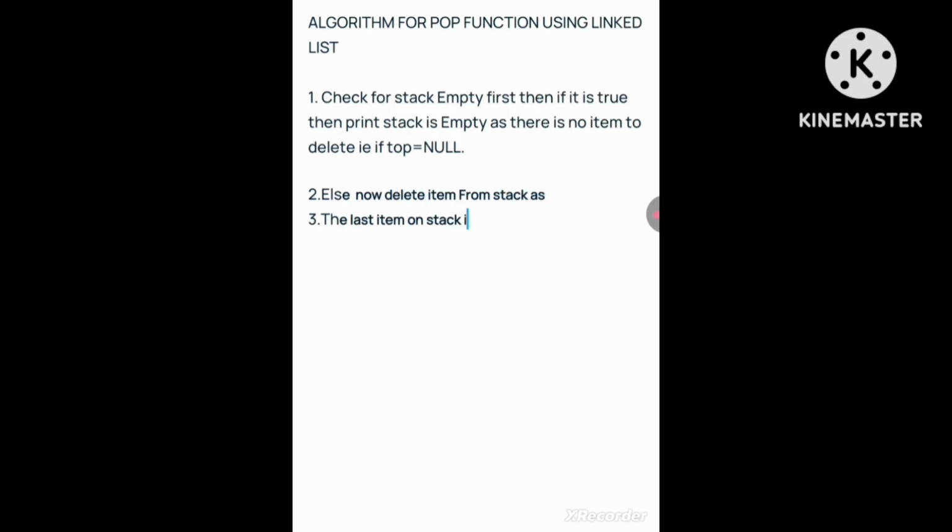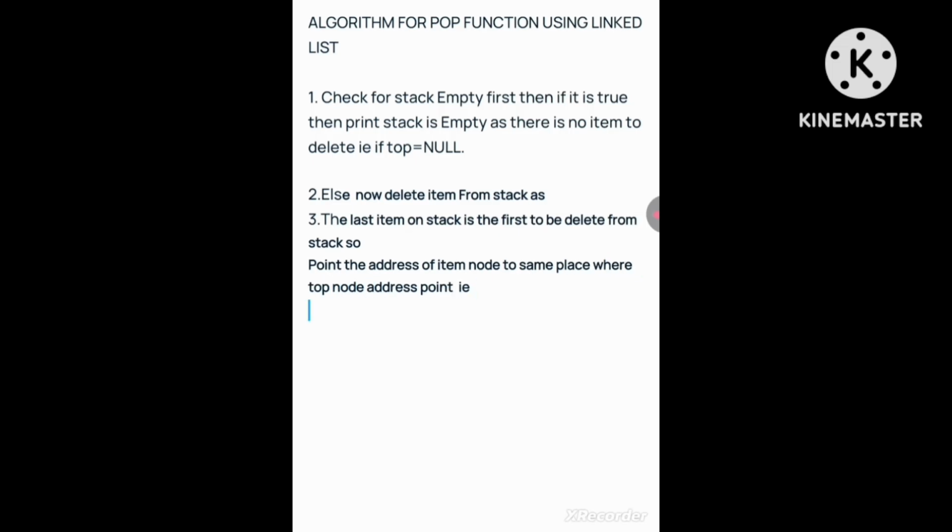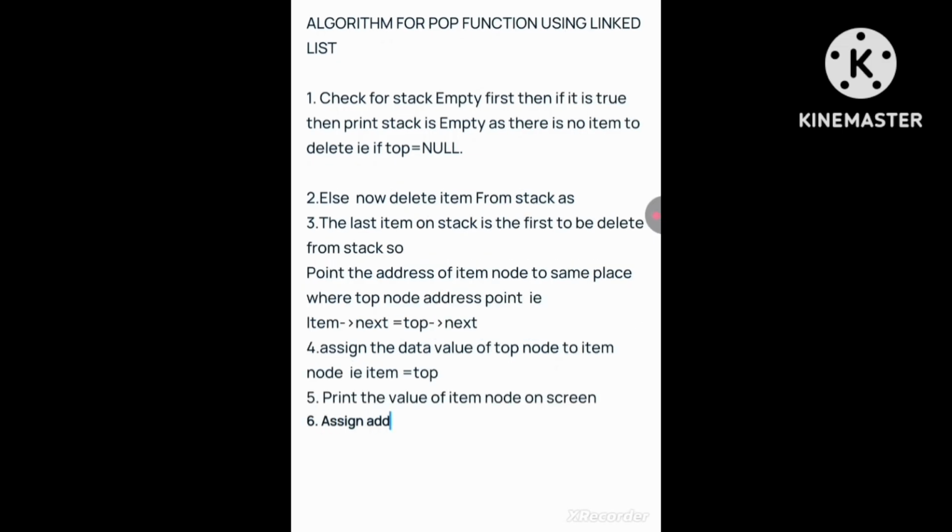For that, the last item onto the stack is the first item to be deleted from the stack. So for that, we have to point the item or the node to be deleted to the same address as the top of the stack. So we will do this by assigning item of next is equal to top of next. After that, we will print the value of the item deleted or popped from the stack onto the screen and join the top pointer to the next node on the stack.